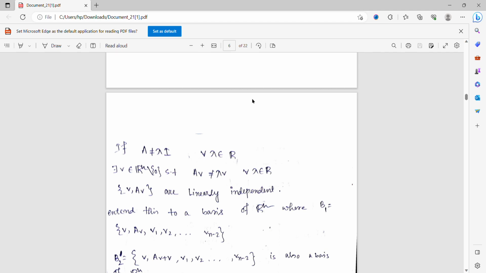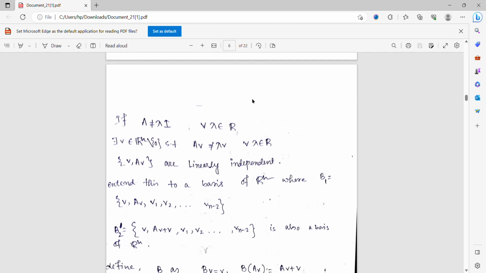I have two linearly independent vectors V and AV, so I can extend it to a basis of Rn. Say B1 is the basis of Rn, I just add n minus 2 extra vectors and make a basis. Okay, so the basis is this.